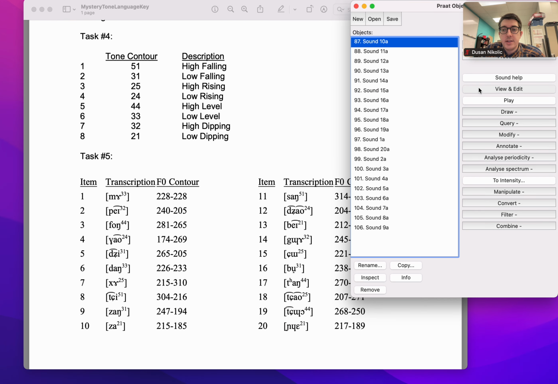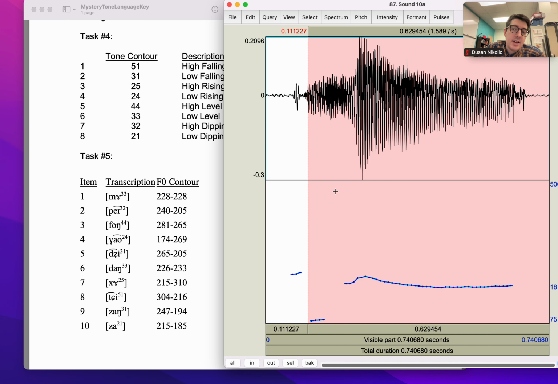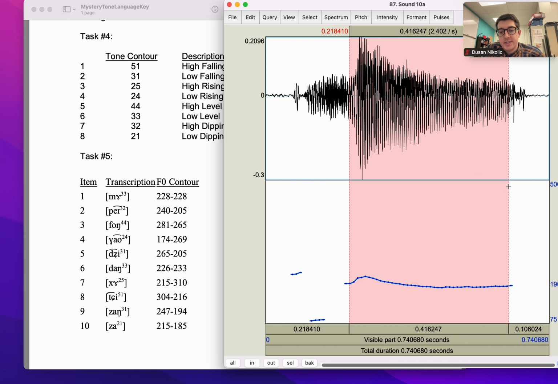Let's say 10. 10 is za, right? Za, which is dipping a little bit. Da, this one is maybe a better representation of 2-1 for sure, and you can see it very clearly on a pitch tracker.